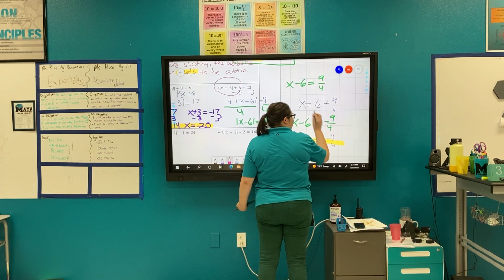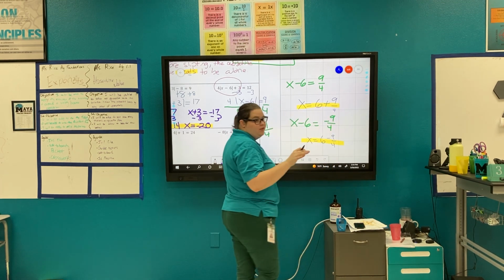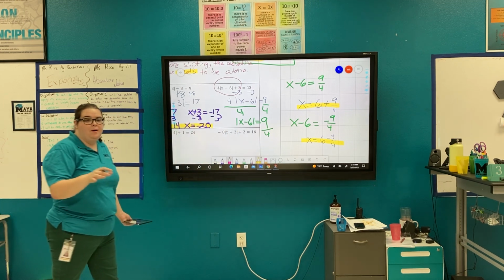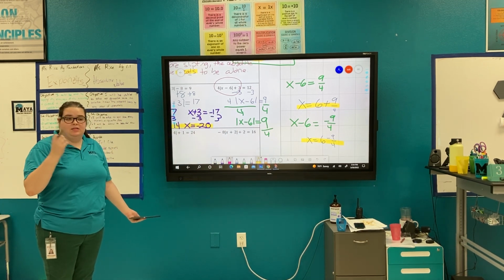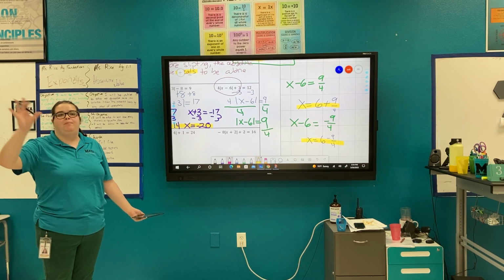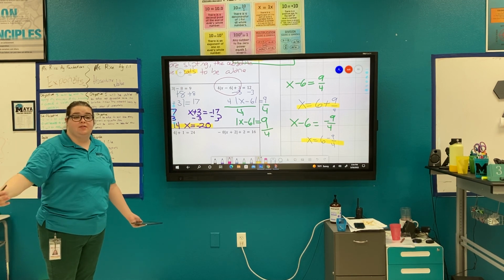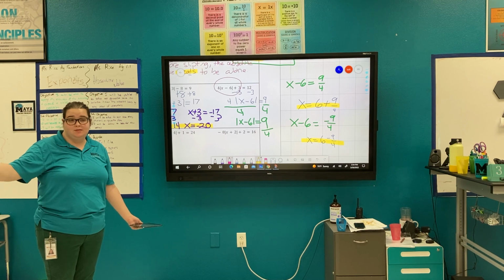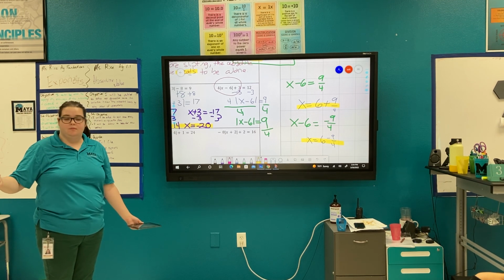I'd be totally okay with this for the time being. We could just type it into Desmos and get the fraction or the decimal that it is, but I care more about the process at the current time. Make sense? Can I get head nods? Perfect.